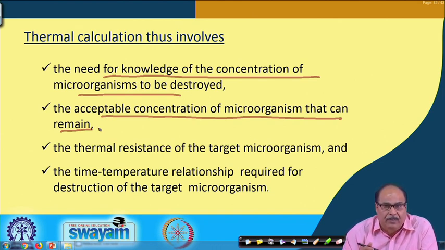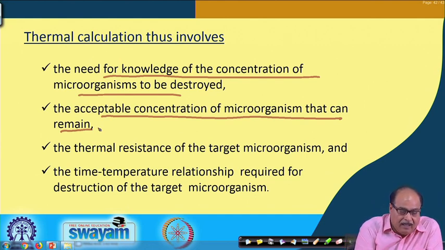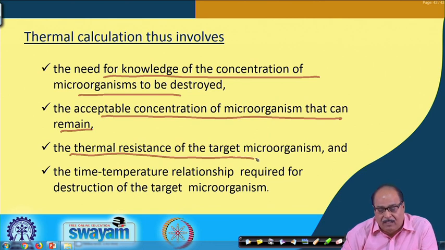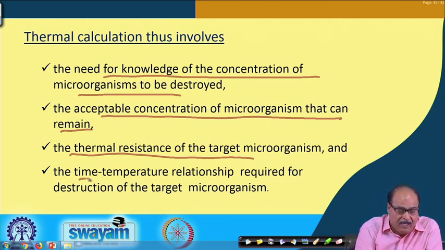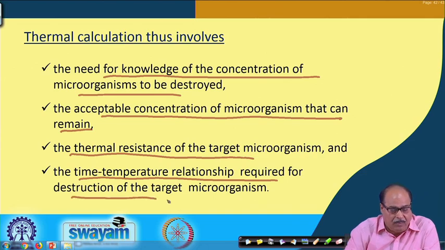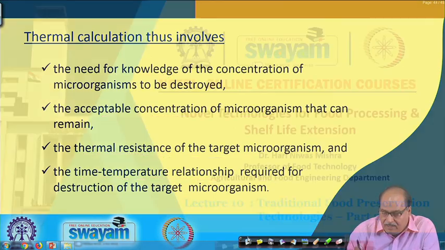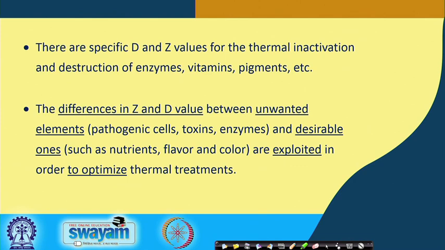We have to decide whether we want to go for 12 lakh cycle reduction, or 8 lakh, or 5 lakh cycle reduction, depending upon the number or type of the microorganisms and food characteristics, etc. Also, the thermal resistance of the target microorganisms and the time temperature relationship required for the destruction of the target microorganisms. There are specific D and Z values for the thermal inactivation and destruction of enzymes, vitamins and pigments, etc.